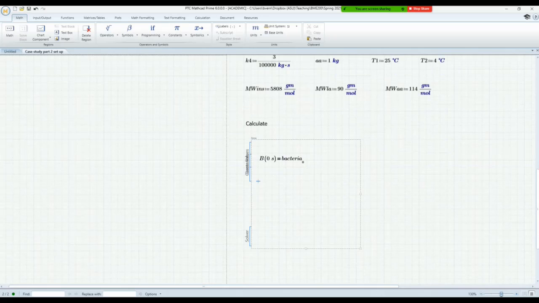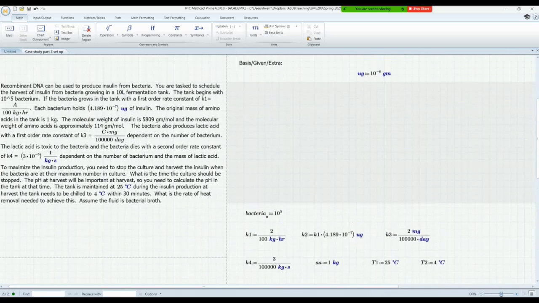We also have amino acid. If you look at it, you can see that the growth is dependent on the amino acid. It says here that the growth of bacteria depends on the amino acid as well.